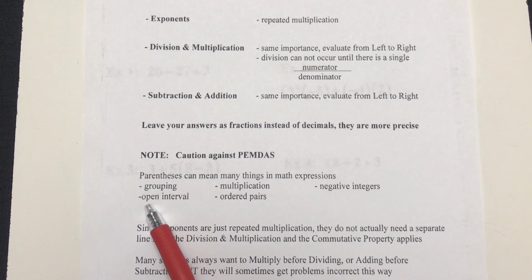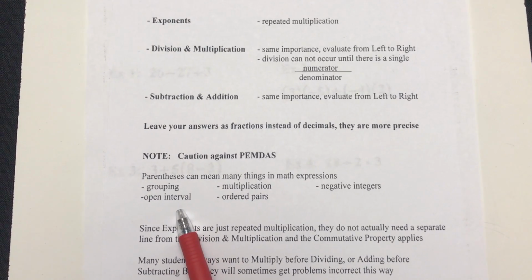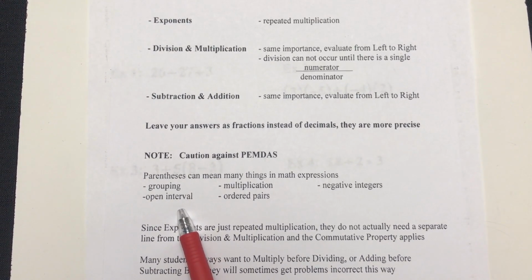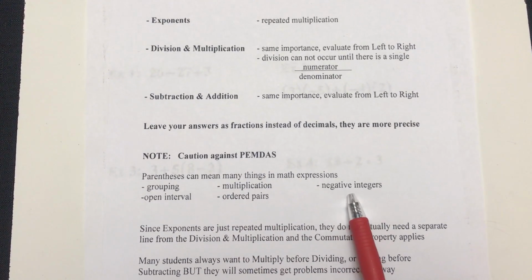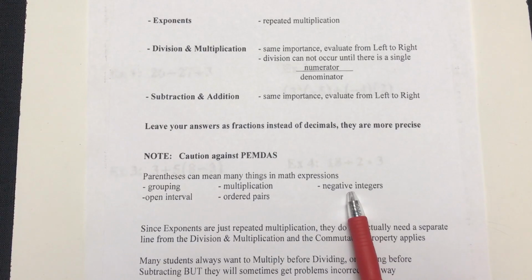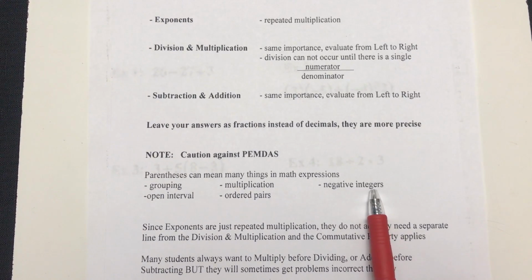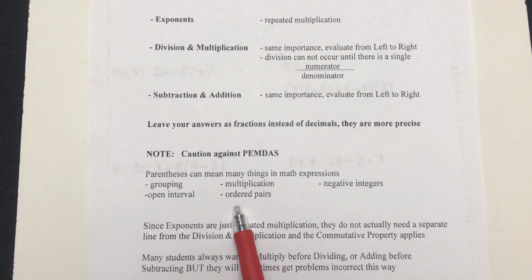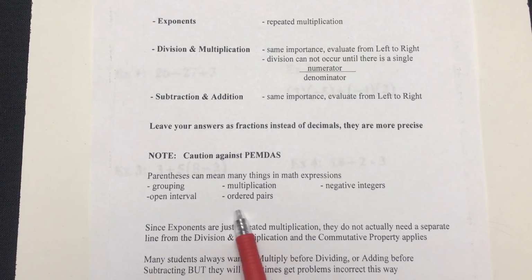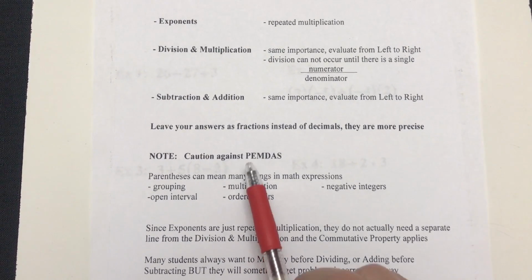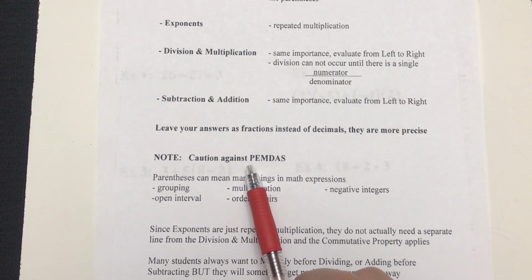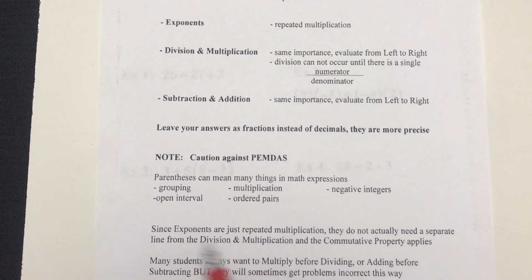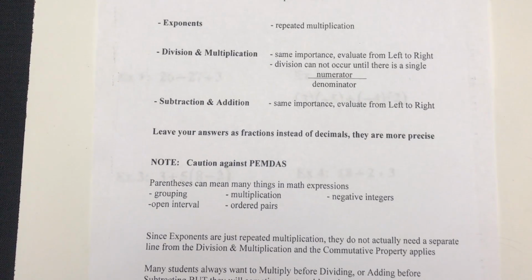It could also indicate an open interval if you're talking about the features of a function. They can mean multiplication. They can also be put around a number to show that it is a negative integer. And parentheses also are used in ordered pairs. So when you see P and you think parentheses, you've got to evaluate what the parentheses mean in this specific problem.